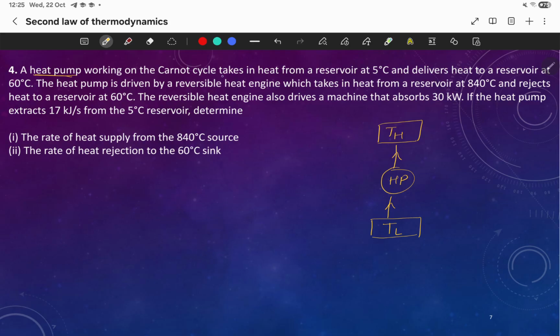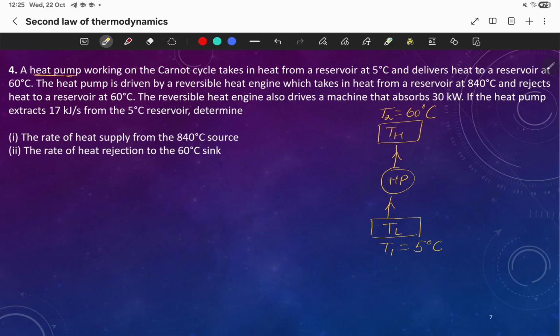The heat pump takes heat from the reservoir at 5 degrees Celsius. Let's take this as T1, 5 degrees Celsius, and it delivers heat to a reservoir at 60 degrees Celsius. Let's take this as T2, 60 degrees Celsius.